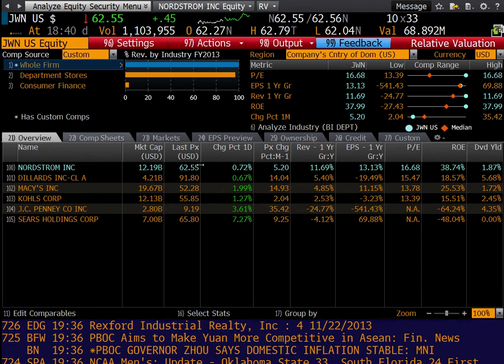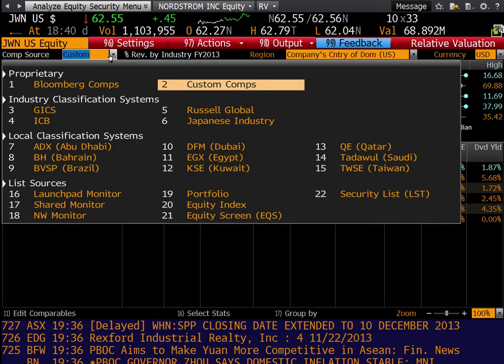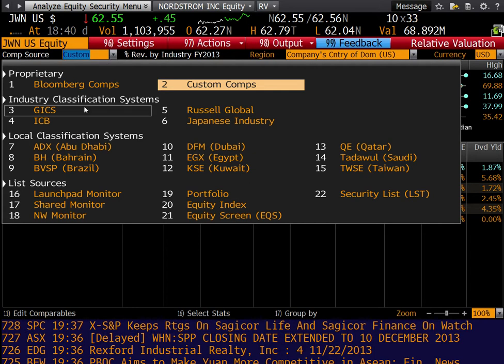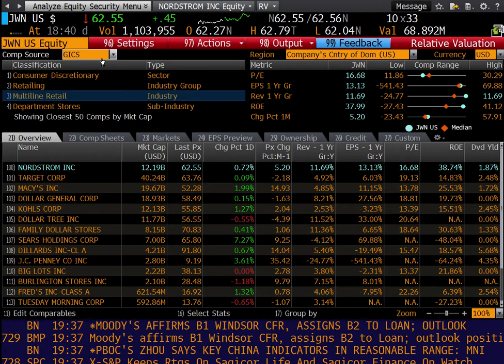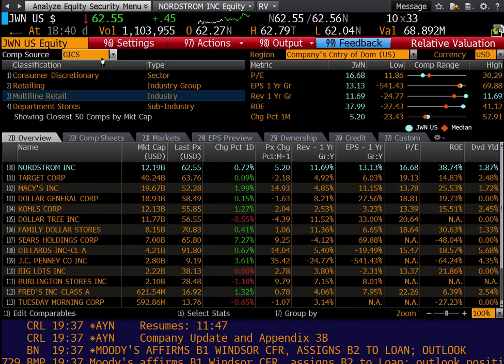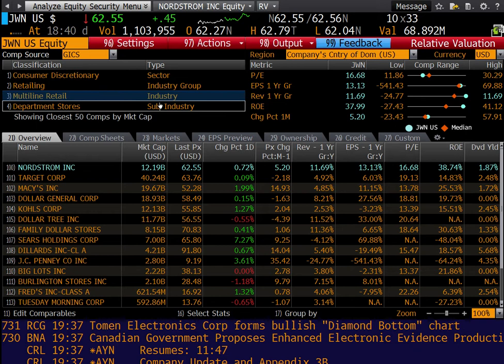So I've already done Nordstrom's in a different class, so I'm going to go back to the comp source. And typically when you log into Bloomberg, it's going to give you the GICS comp source. I think it stands for the Global Industry Classification Standard. And these are basically the classifications by sector, in this case the industry, multi-line retail.